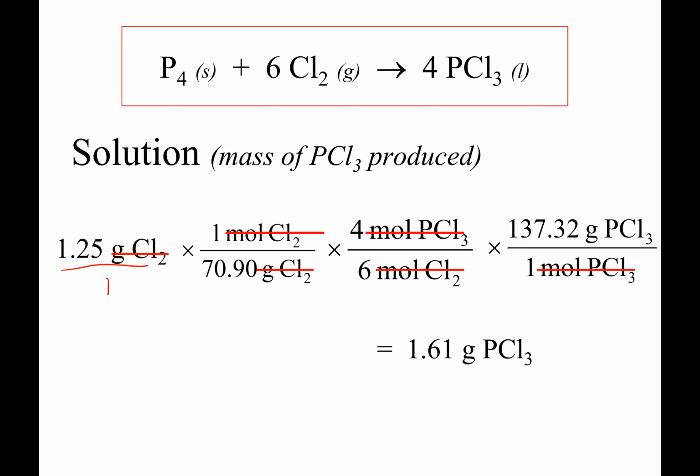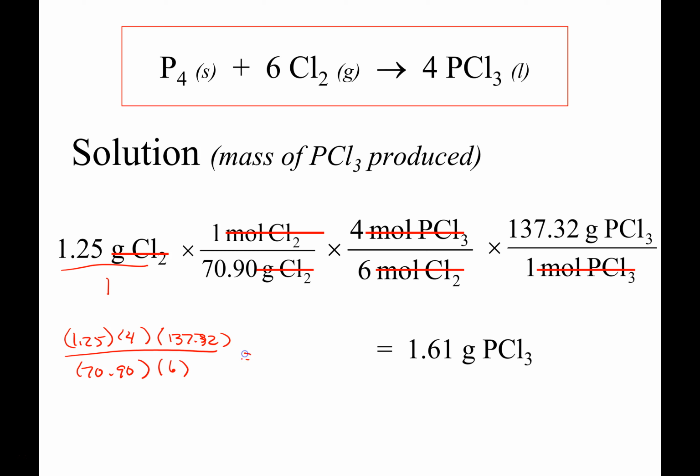Now, do you put that in the calculator again? So in the calculator, and you guys are going to get your own work at this here in a minute. I'm going to pick all the numbers that aren't 1 in the numerator. So 1.25, I'll just put parentheses around the things to show that they're multiplied. Also in the numerator, I have 4. Also in the numerator, I have 137.32. And in the denominator, you're looking at 70.90 and also the number 6.